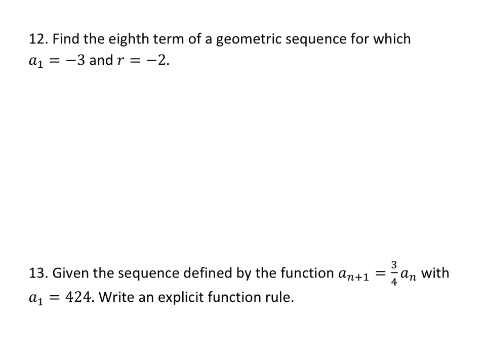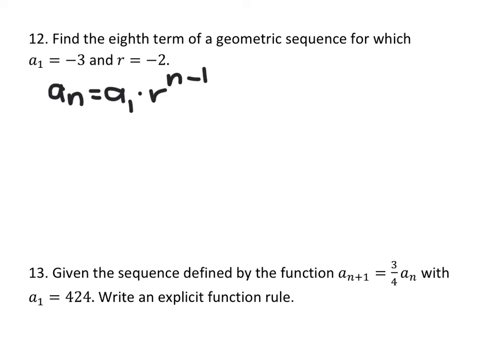Find the eighth term of a geometric sequence for which a1 equals -3 and r equals -2. So we have our equation a(n) equals a1 times r to the n minus 1.